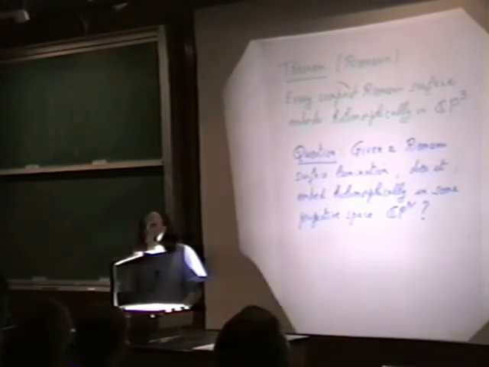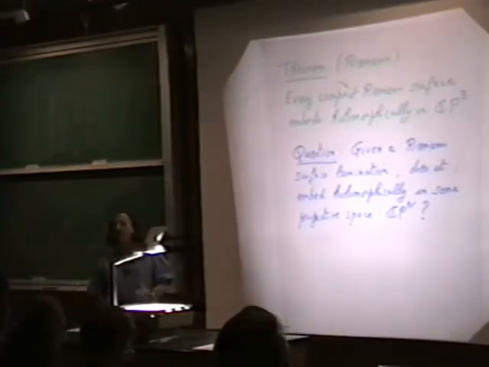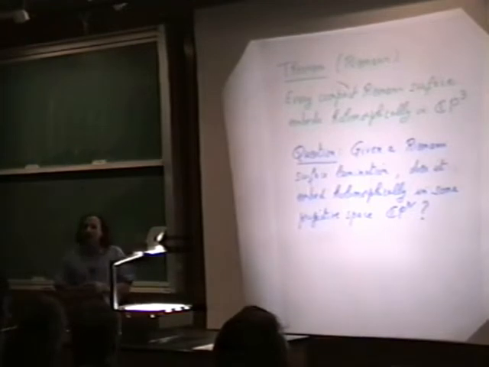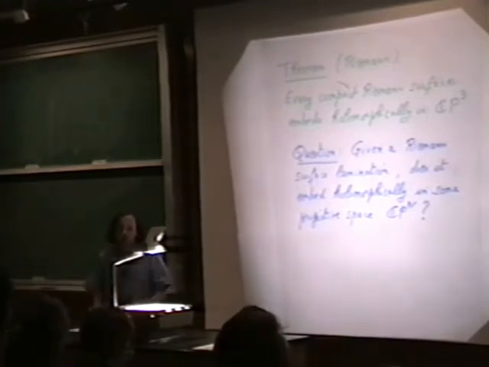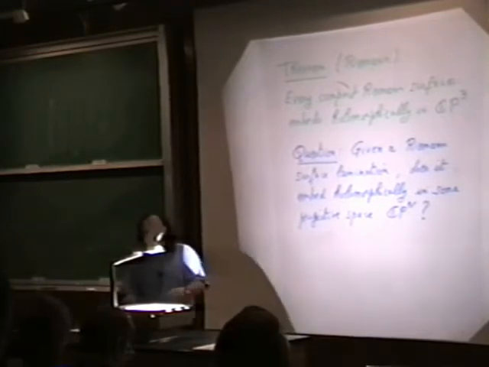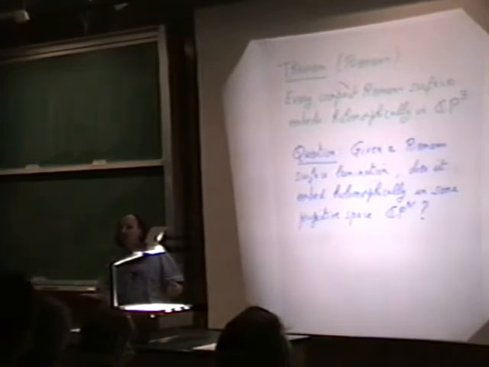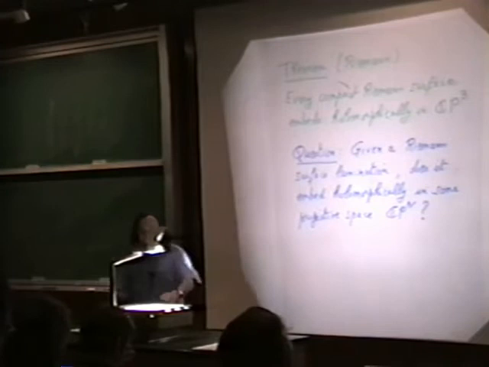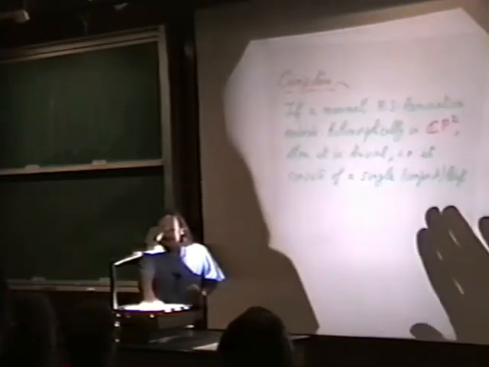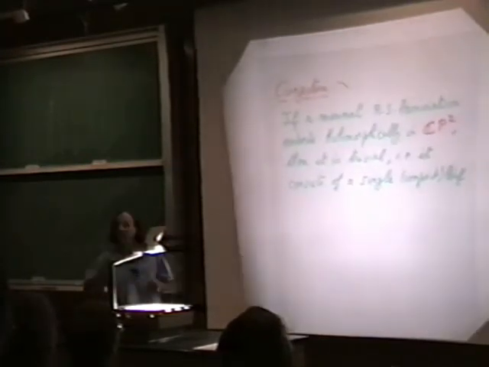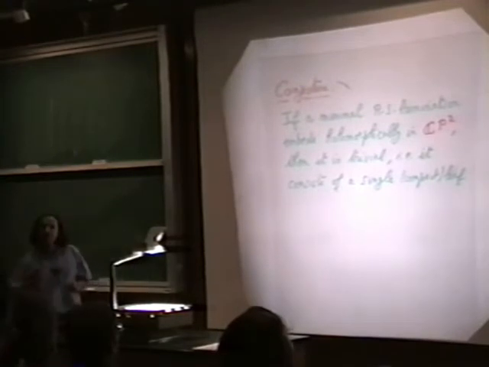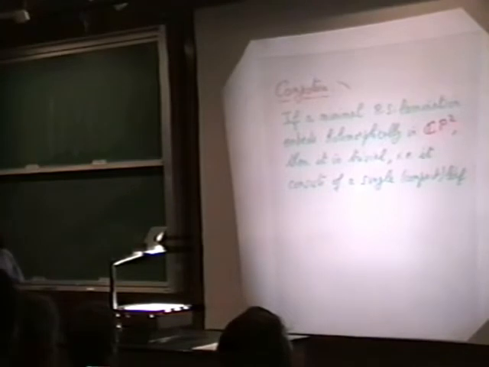Now let me try to restate the conjecture of Camacho in a more general setting, which is closer to what I just said. The conjecture now has nothing to do with polynomial differential equations in C2. There is no more P and Q and dx, dt and things like that. The conjecture now is this. Start with a minimal Riemann surface lamination, and suppose this lamination embeds in P2 holomorphically.